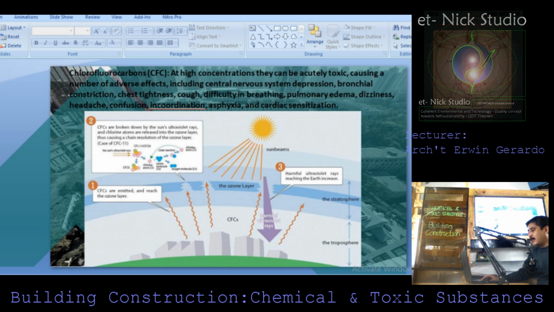Chlorofluorocarbon, known as CFC. At high concentrations, they can be acutely toxic, causing a number of adverse effects, including central nervous system depression, bronchial constriction, chest tightness, cough, difficulty in breathing, pulmonary edema, dizziness, headache, confusion, incoordination, asphyxia, and cardiac sensitization.